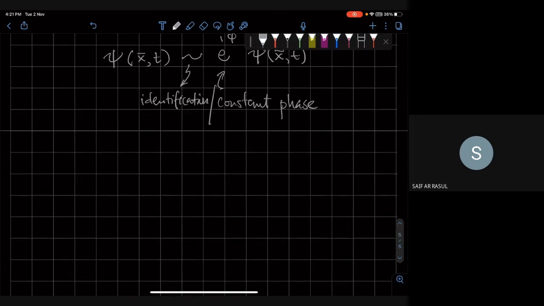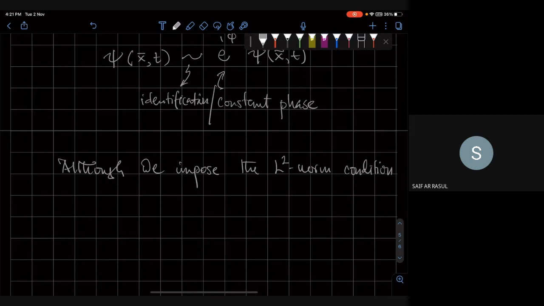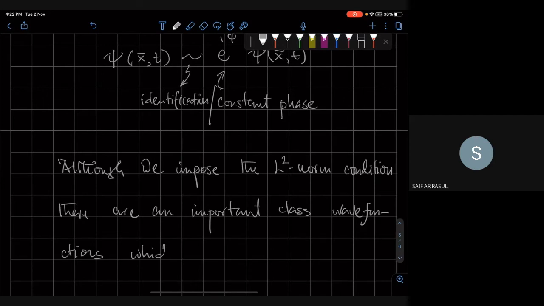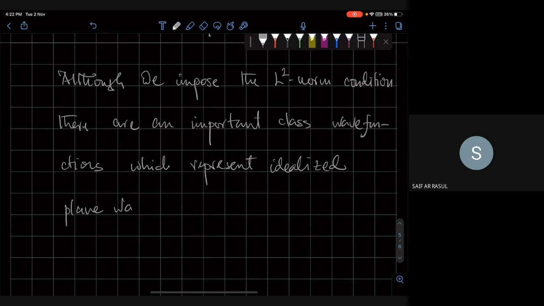So although we impose the L2 norm condition, now, there is an important class of wave functions which represent idealized plane waves which are not L2 integrable.